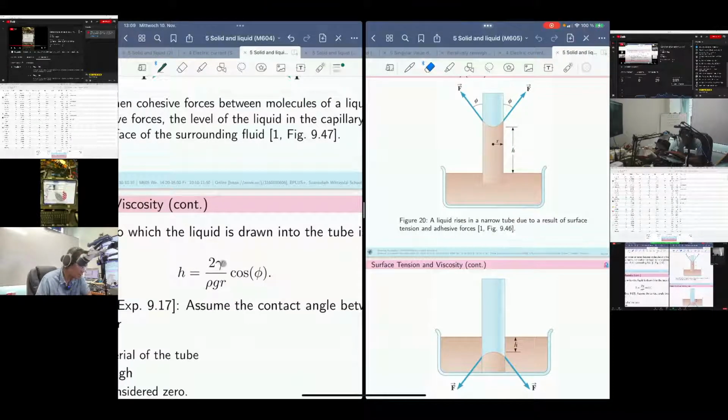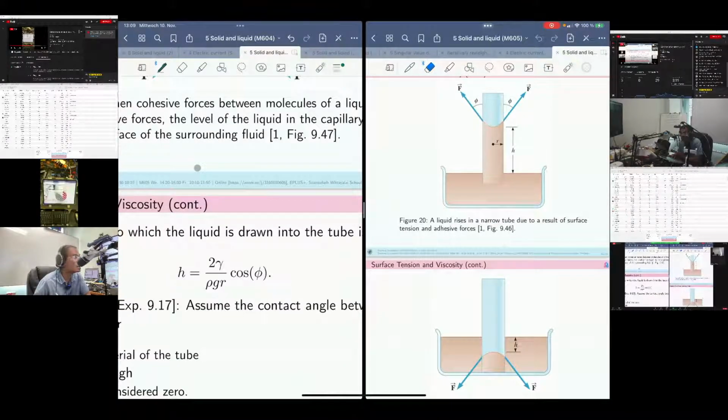H is 2 gamma over... Gamma is the surface tension. You need to know what type of liquid it is. And rho is the density, in kilogram per cubic meter, meter to the power of 3.